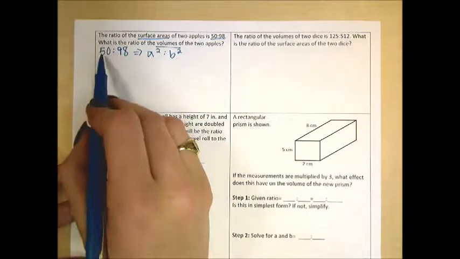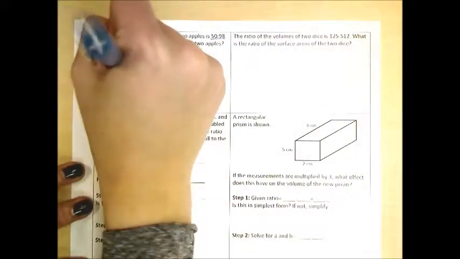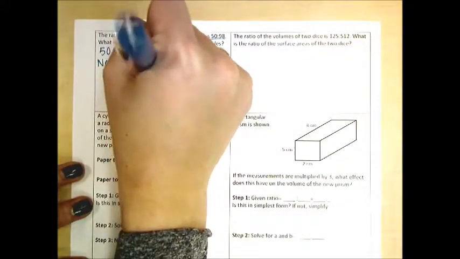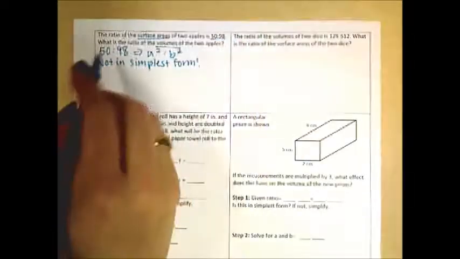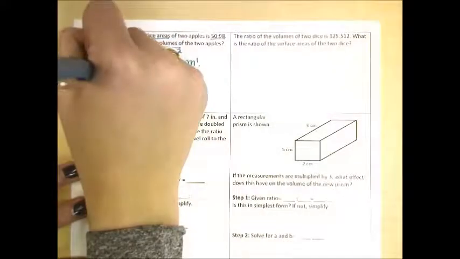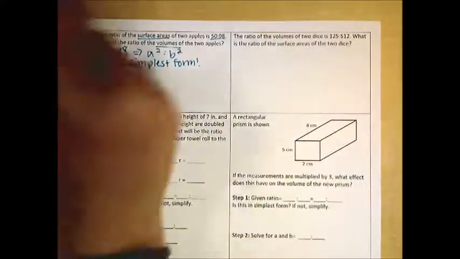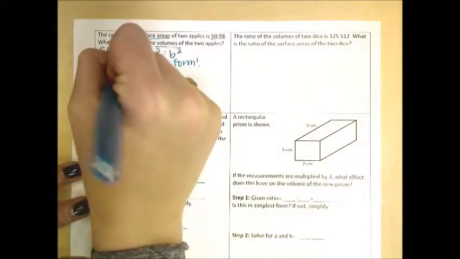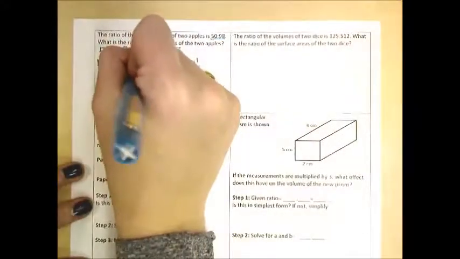First, I need to see if this ratio is in simplest form, and it is not in simplest form. So we need to simplify this. Thinking about 50 and 98, I know that both are divisible by 2. So 50 divided by 2 gives me 25, and 98 divided by 2 gives me 49.